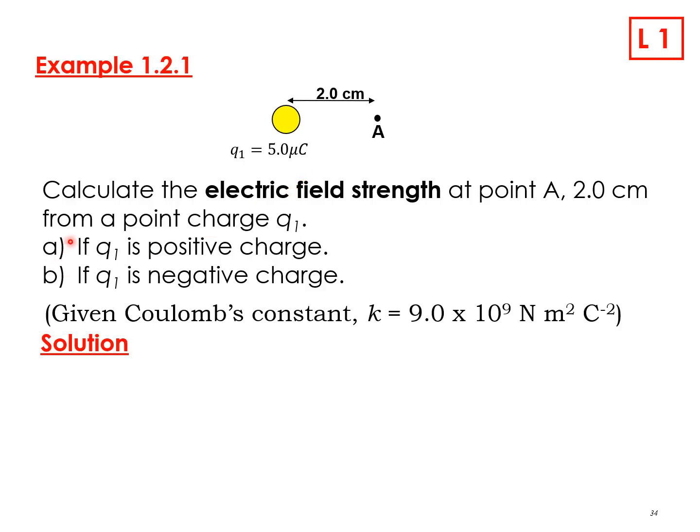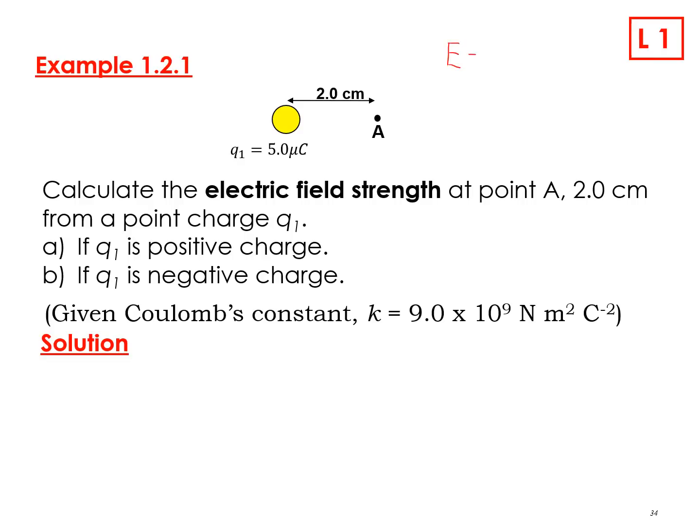For part A, if Q1 is a positive charge, what is the electric field strength? For part B, if Q1 is a negative charge, what is the electric field strength? So what is the formula? We have two equations here, and you have learned about these equations.